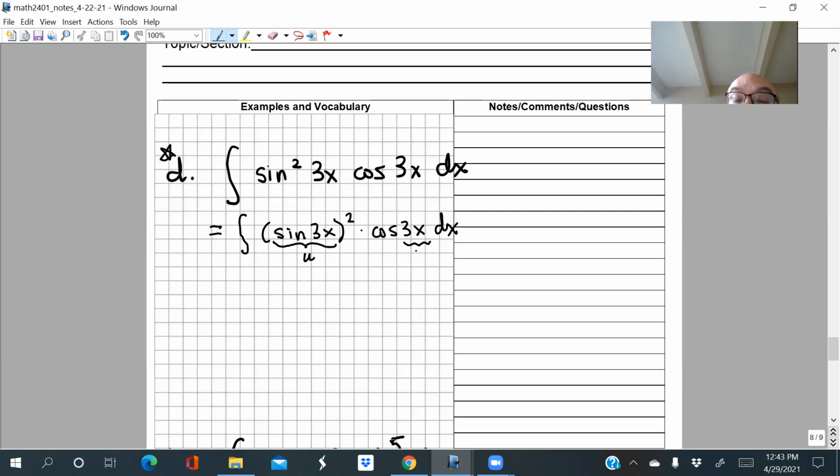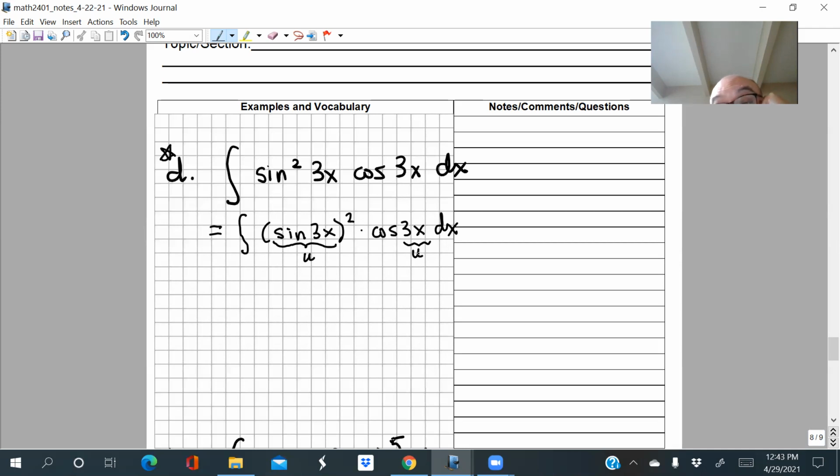So another possible substitution that we might be thinking about is let u equal 3x, because we have this trig function applied to this expression 3x. So it looks like we have maybe two different ways we can go here. So the question is, which way should we go?